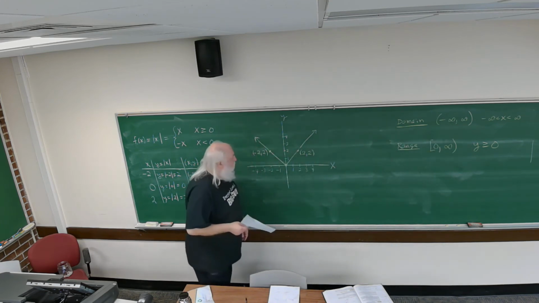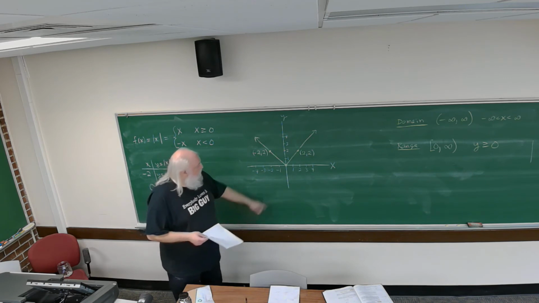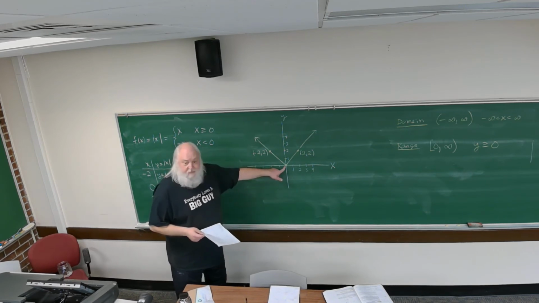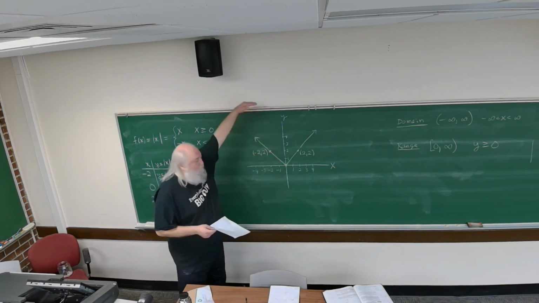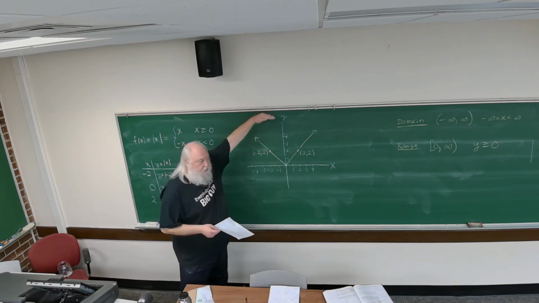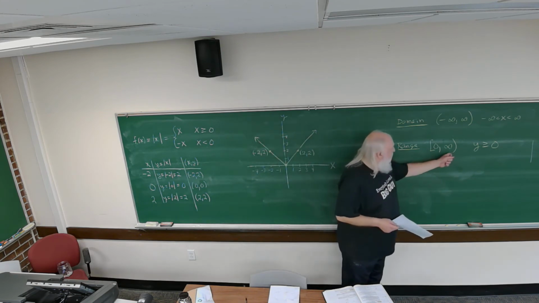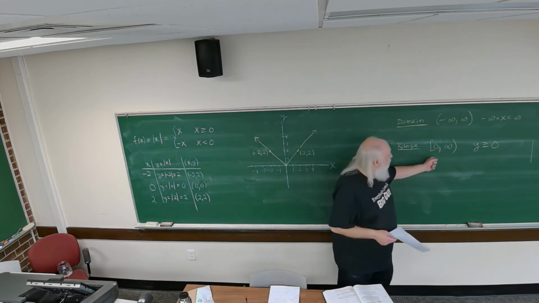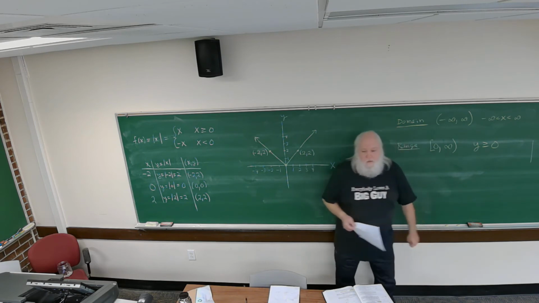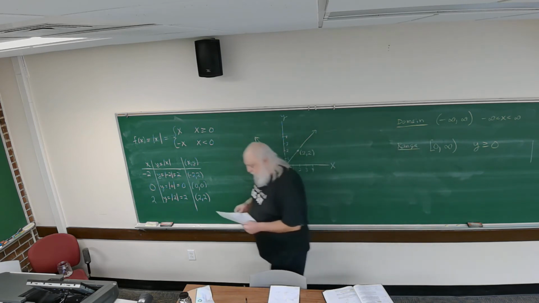The range, which is the y-coordinates, the minimum y-coordinate is 0, right? Because the origin is the lowest point on the graph. There's no maximum y-coordinate, and so the range is from 0 to infinity, including 0. Right? Y greater than or equal to 0 is the range for this function.